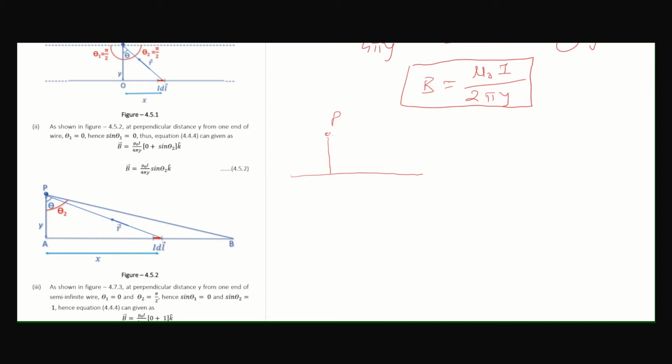Now this is theta 2 and here is my theta 1, isn't it? But what if I shift point P slightly closer to one end? Now look at the effect on theta 1. Theta 1 is growing smaller, theta 2 is increasing, isn't it? And what if I consider the point exactly here?